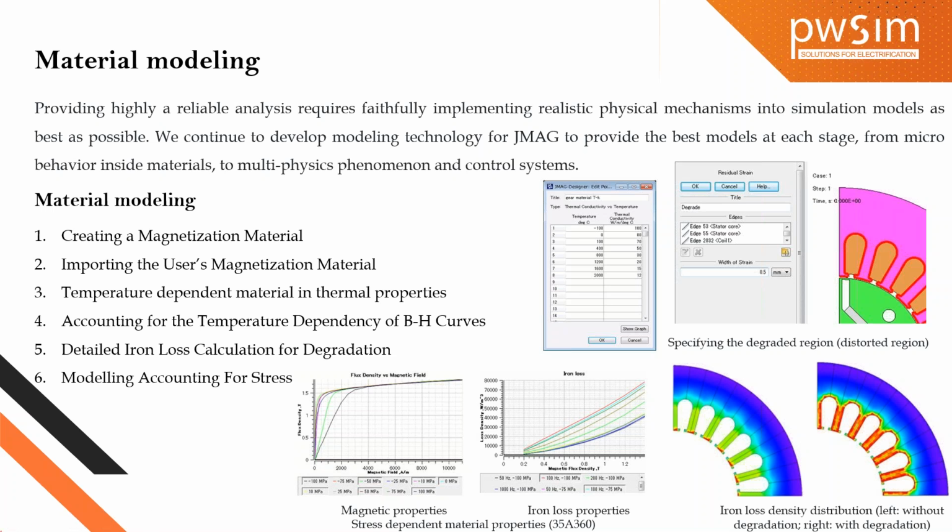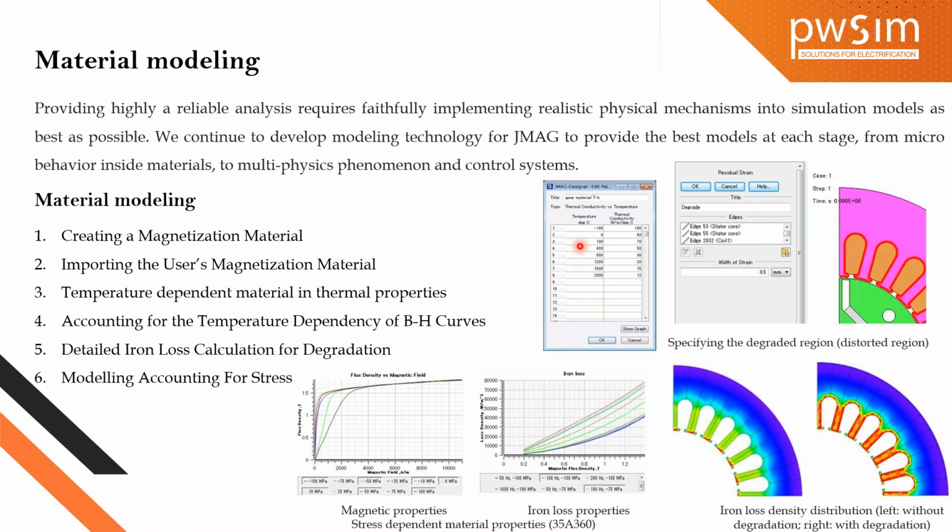So as I said, you can see the iron loss density distribution in this figure. The left is without degradation and the right is with degradation. On the teeth, because of the higher degradation of the lamination, the iron loss effect can be calculated by using the loss model function in JMAG.